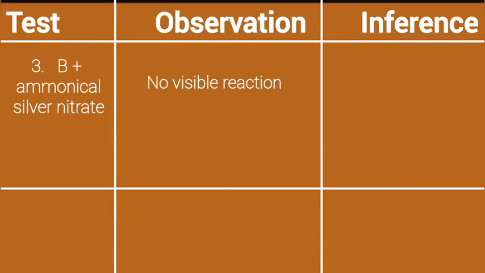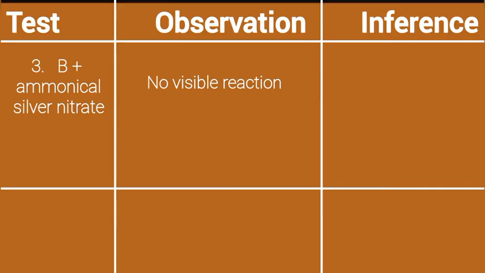Okay? If this is the case, it simply means that alkyne, which according to our instruction, pentyne has been used to be the representative member, is absent. The reason is because alkynes, terminal alkynes, as I stated already from our theoretical background knowledge, would affect ammoniacal silver nitrate solution, giving a white precipitate.